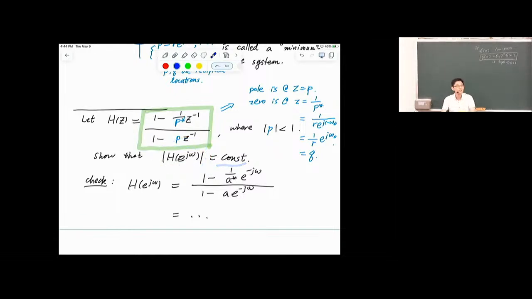We can show that rather quickly under this formulation: one pole right there and a zero at exactly the reciprocal location, same angle, but the distance to the origin is reciprocal, 1 over r. So far so good? What we are going to show next is that when we evaluate the system function at z on the unit circle, it actually is a constant. So how do we do that?